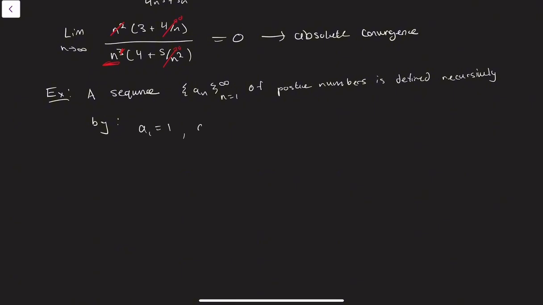A1 is equal to 1, and an plus 1 is equal to 3 minus 1 over an. And so recall, recursively, if you've never heard this word before, just means that the next value of a specific sequence depends on the previous value. So an example would be like a Fibonacci sequence.